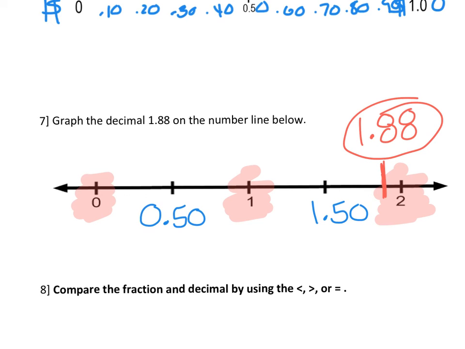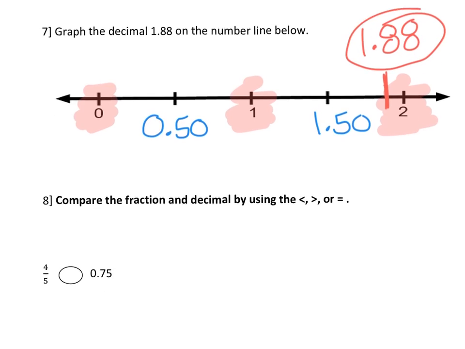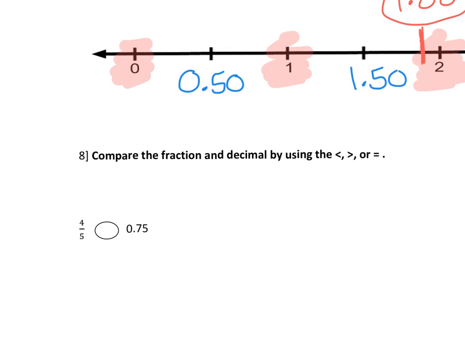And then the last one we have here is comparing a fraction and a decimal by using the less than, greater than, or equal to sign. So remember, I don't really know the value of this fraction until I divide it. I'm not going to just look at the numbers and guess. I'm going to actually take 4/5 and divide. So here I know 4 goes inside and 5 goes outside.